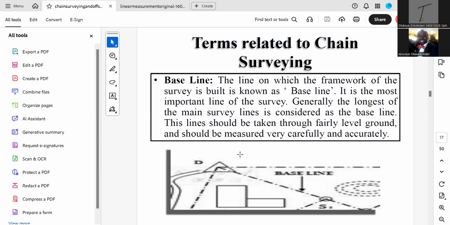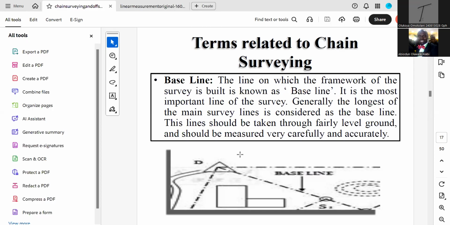That means if the baseline is not available, then chain survey cannot be done, because the accuracy of your chain survey will depend on how accurate your baseline is. So if the baseline is not accurate, then the whole activities for chain survey will be wrong. It is the most important line of the survey.